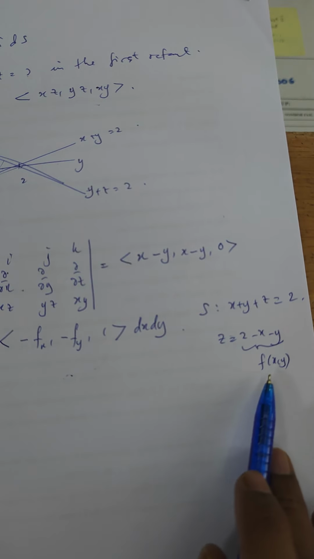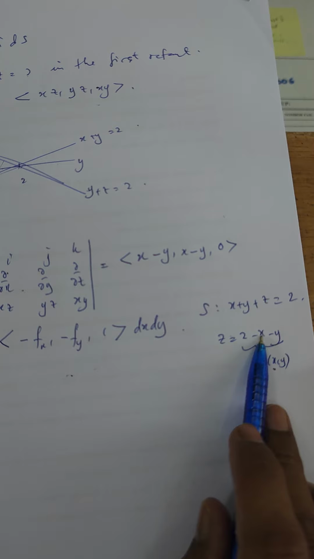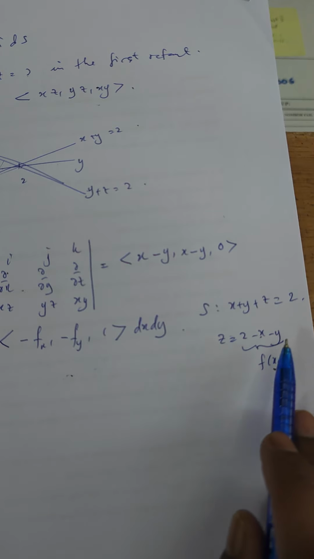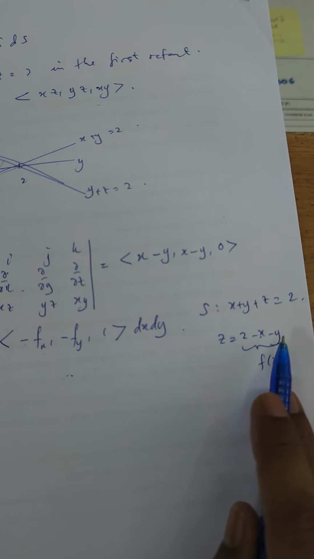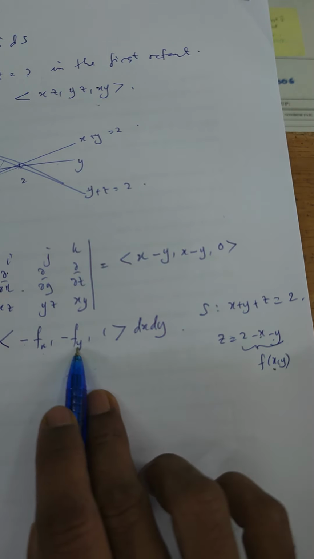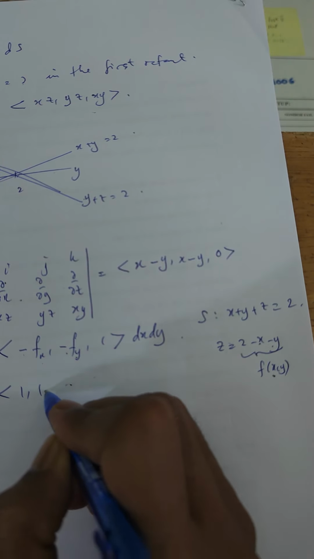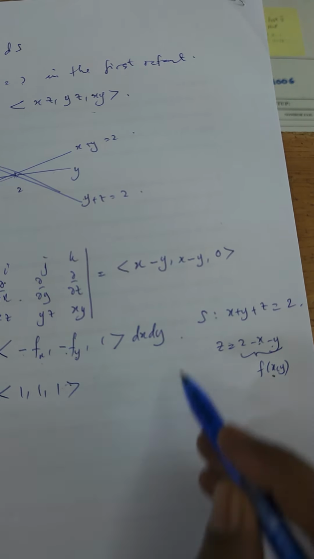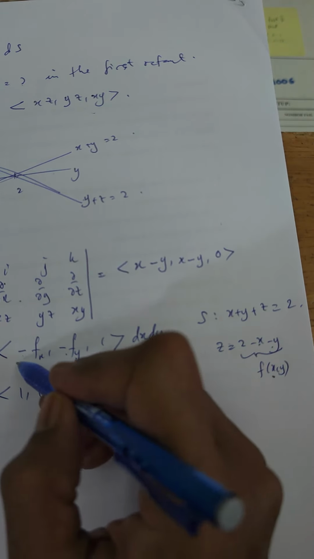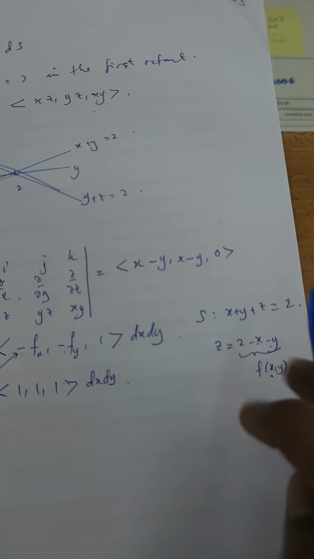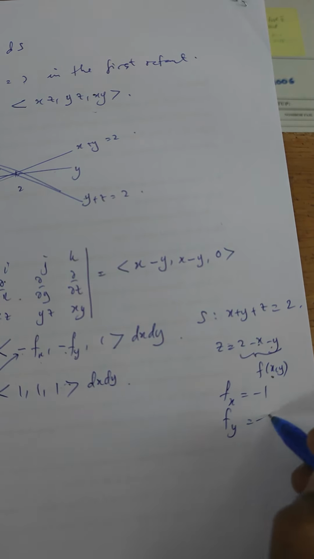Okay, so then we just differentiate this with respect to x. So we got minus 1, and with the negative we got plus 1. Then differentiate with respect to y, we got minus 1, then again you got 1. So this gives you 1, 1, and 1 dx dy. And because we have a negative here, of course from here you can find fx is negative 1, fy is negative 1.